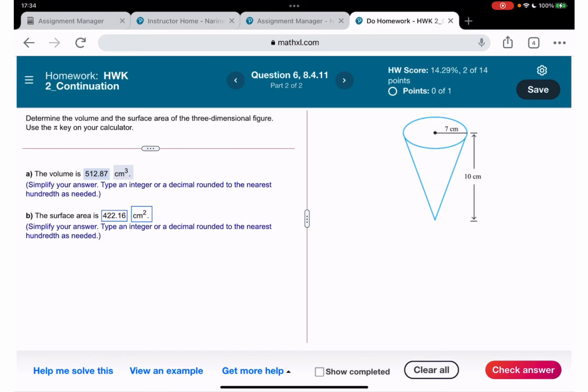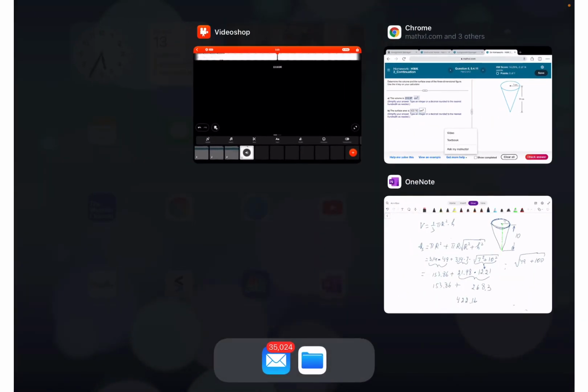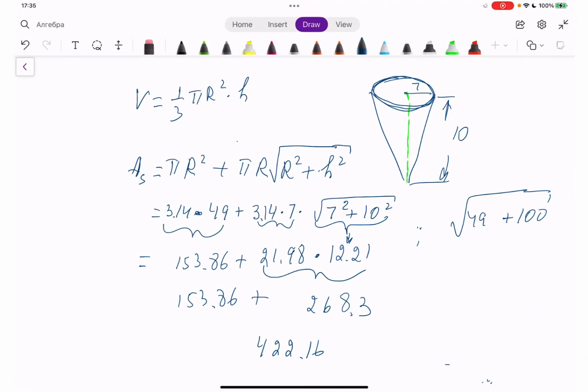Okay, some miscalculation in there. Let's go over one more time. It's not a big deal. Sometimes calculator is creating a mess. So the formula pi r squared plus pi r and square root r squared plus h squared. Let's double check.